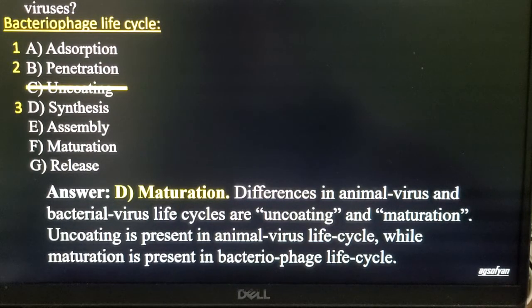The third will be synthesis, so they produce their own DNA, RNA, and capsid inside the host cell, which is bacteria. And then the fourth will be assembly, and the fifth will be maturation. They do have maturation and release from the cell. Usually, when they release, they will kill the bacteria. It's called the lytic release or lytic phase.